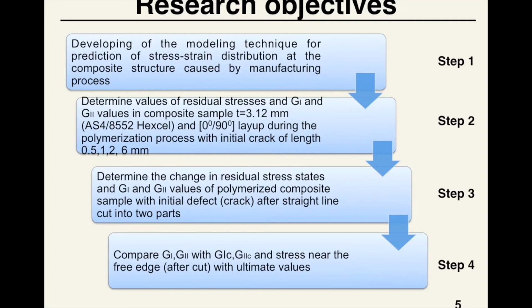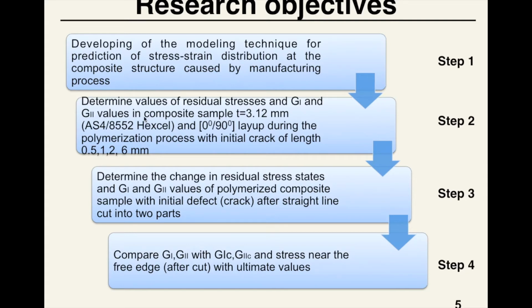The current research consists of four main steps. On the first step, the modeling technique for prediction of stress-strain distribution in the composite structure caused by the manufacturing process was developed and implemented in commercial finite element software Abaqus.